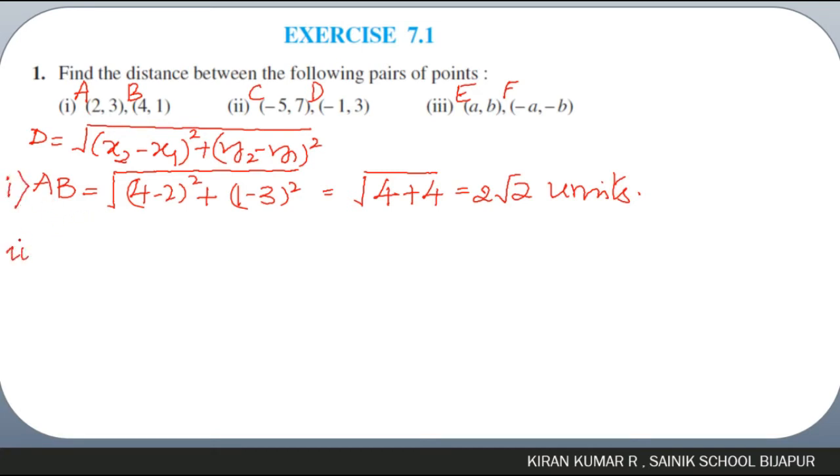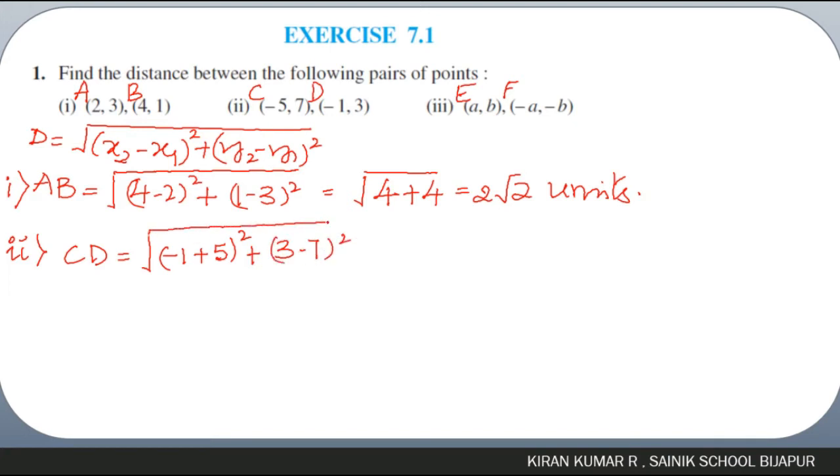This is the first one. For the second, I have named it as CD. So the distance will be equal to the square root of (negative 1 minus of minus, will become positive 5) square plus (3 minus 7) whole square.